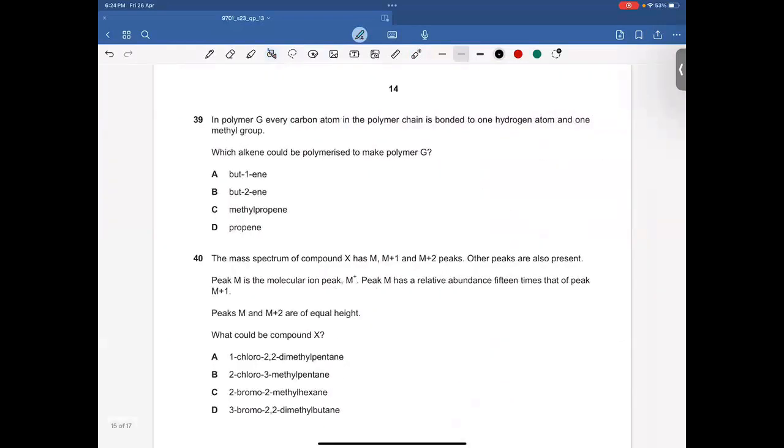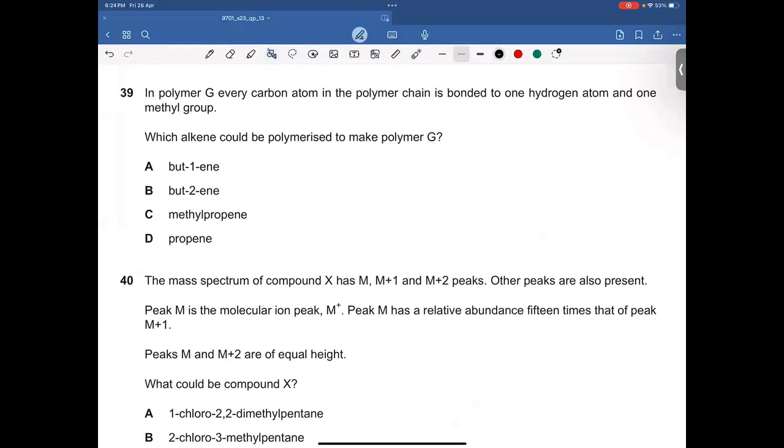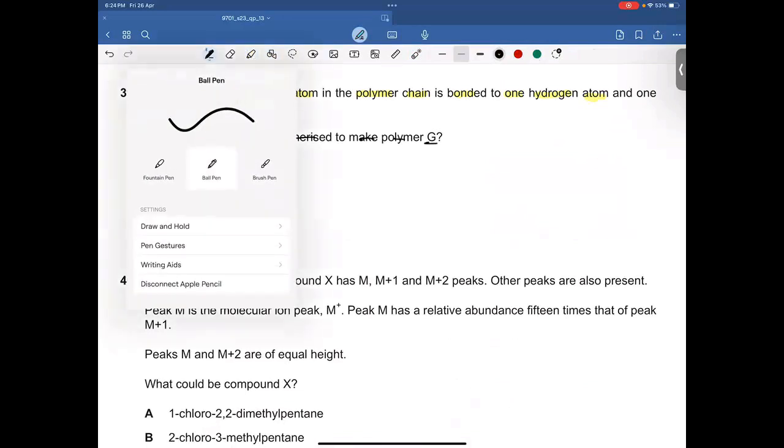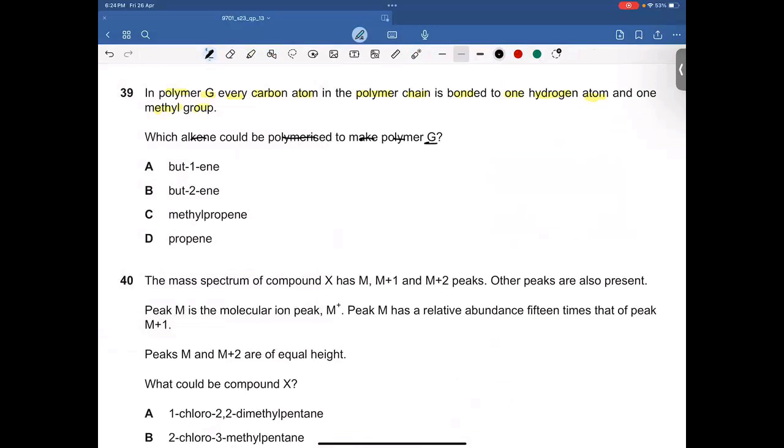Okay. Question 39. In polymer G, every carbon atom in the polymer chain is bonded to one hydrogen atom and one methyl group. Which alkene could be polymerized to make polymer G? One carbon has one hydrogen and one methyl.